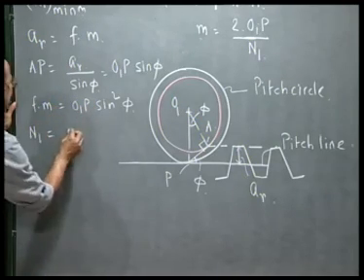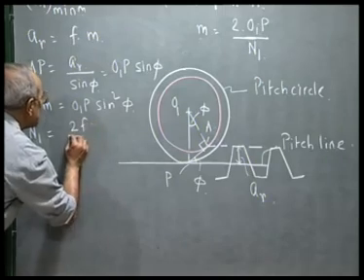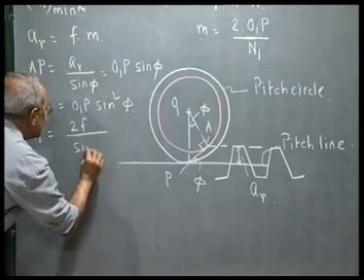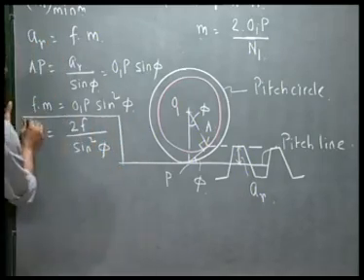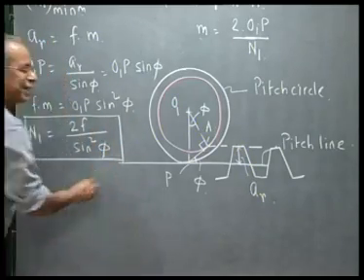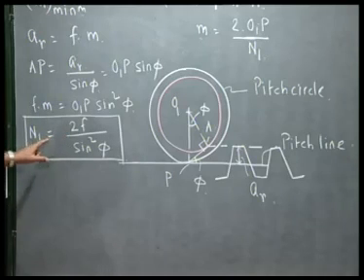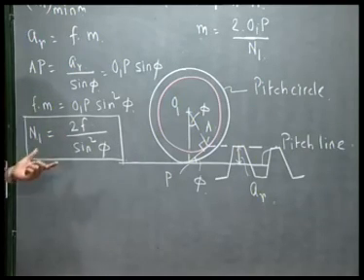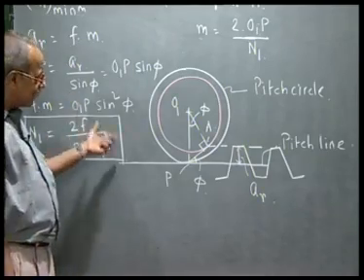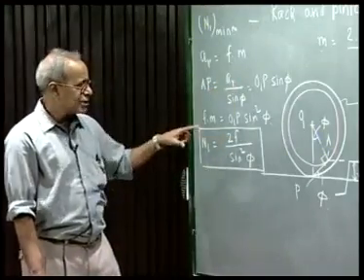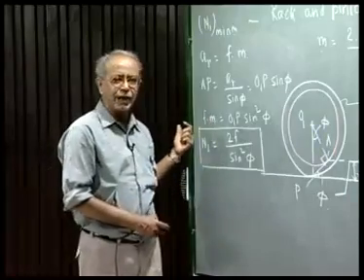O1P cancels. N1 is 2f by sin squared phi. This is the same expression that we got earlier by taking the limiting value from the expression of N1 minimum for a pair of involute gears. Next, we shall solve an example to show the application of this expression that we got for N1 minimum.